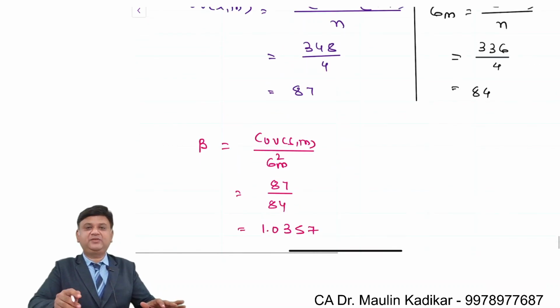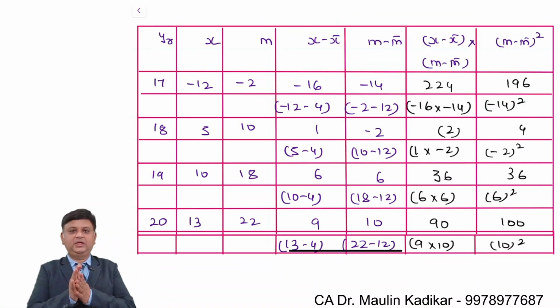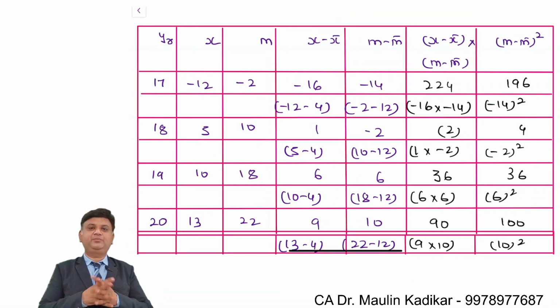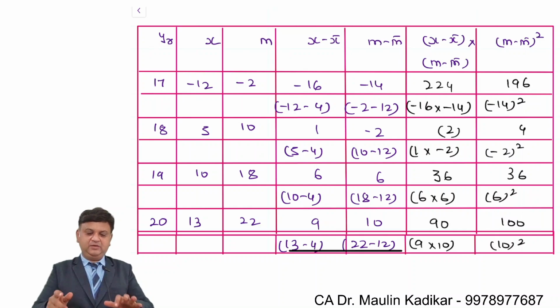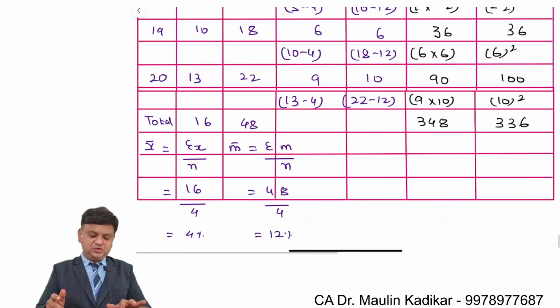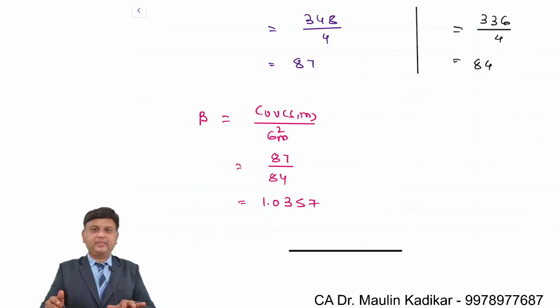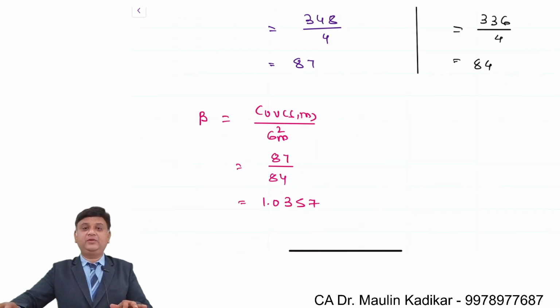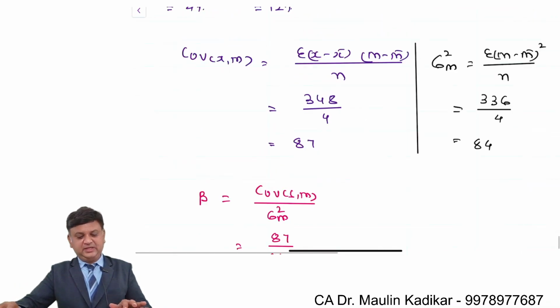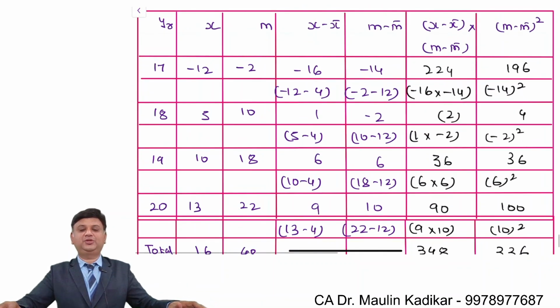That is the way the beta of the security can be calculated. So first of all, we make the computation of the covariance. We'll make the computation of the variance of the market portfolio. And based on that, the beta of the security is calculated. Now we'll make the computation of the beta using the second method. That is, the correlation coefficient will be calculated for making the calculation of the beta.